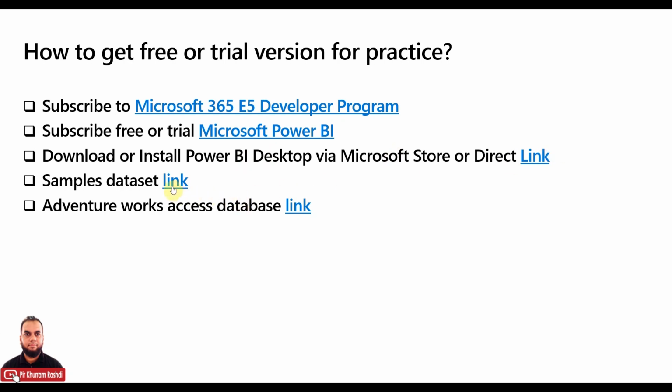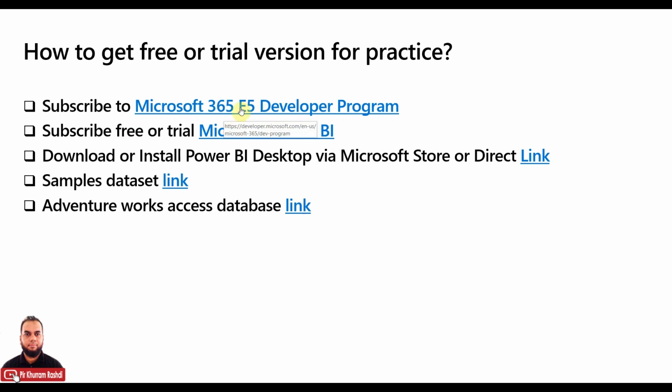Then there will be a sample data set which we definitely will need, and there is an AdventureWorks Access DB which is available on Dropbox. The links of all these things I will definitely put in the description, from where you can download or subscribe to these programs. And once you have subscribed, sequentially you need to subscribe to the Power BI service trial.